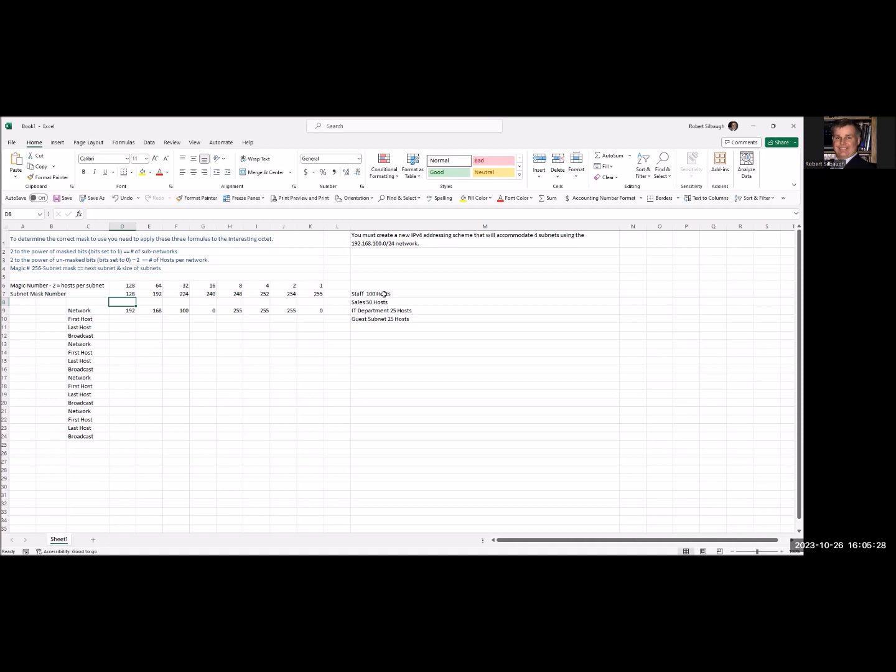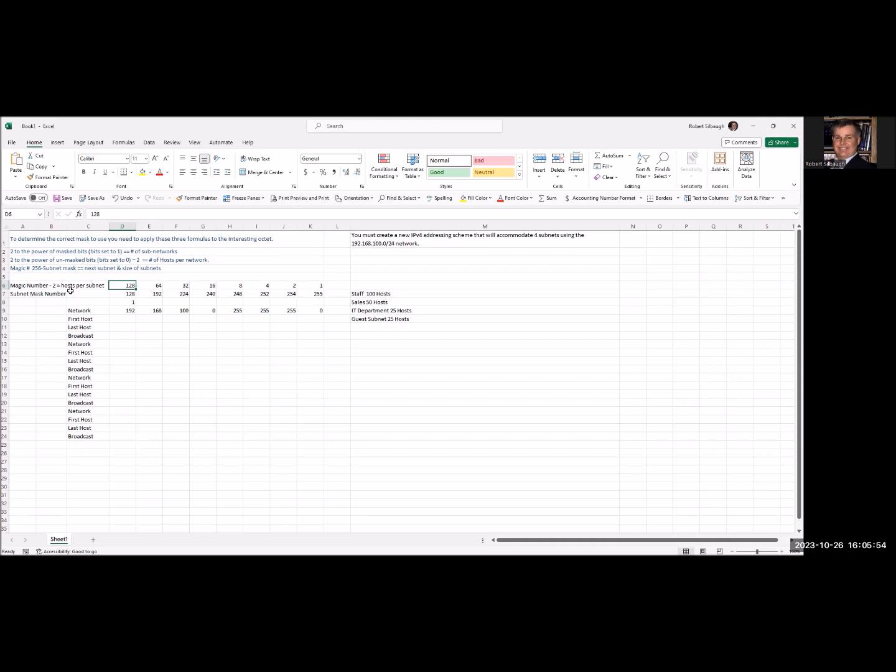So you need a subnet that holds 100 hosts. So you look at your chart here, which one of those numbers would give us 100 hosts? 64 isn't large enough. 128 would give us 126 hosts, which is large enough. So we would change that 0 bit to a 1. And what that does is it gives us a couple things. It gives us our magic number.